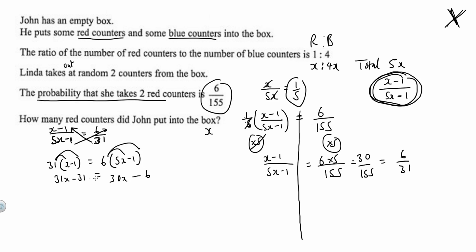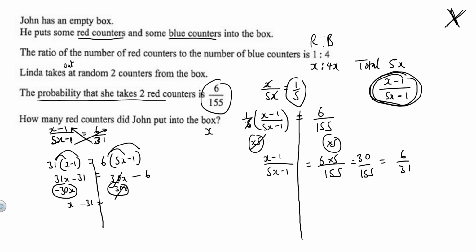I've got x's on both sides, so I'll get rid of one of the x terms. Instead of the 31x, I'll get rid of the smaller one, 30x, so take away 30x. Do the same on the other side. 31x take away 30x leaves me with just 1x.